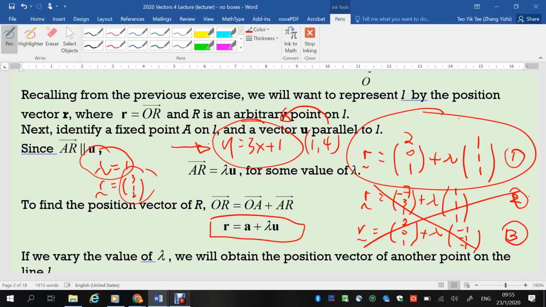So similarly, think along the same train of thought. If I say lambda is equal to 1, I will produce (3, 1, 2). Substitute lambda equals 1 into the first equation and simplify the whole expression. 2 plus 1 becomes 3, 0 plus 1 becomes 1, 1 plus 1 becomes 2. I get (3, 1, 2), which is a point on my first line.